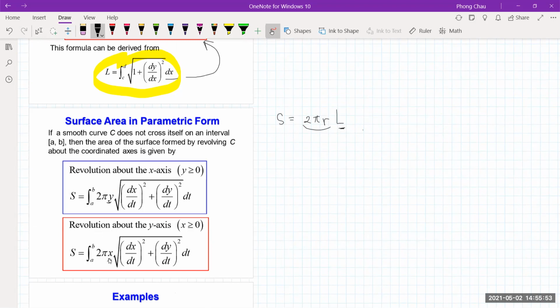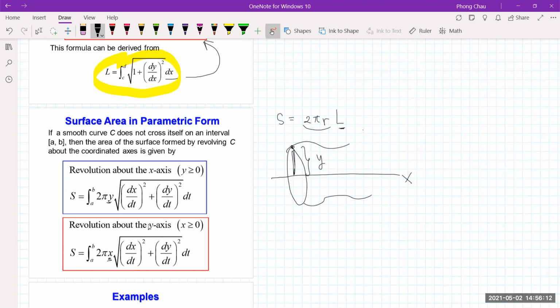Now I have two formulas here, the y, the x. It's because when you rotate around the x-axis here, then you see the radius is here, the y coordinate of this point, so that will be the y here.